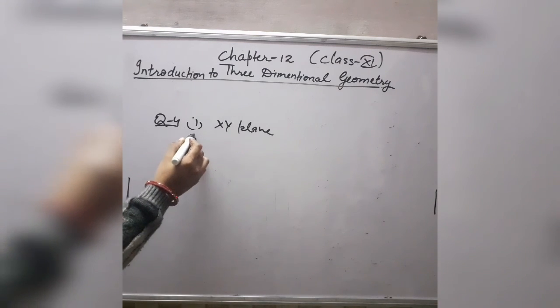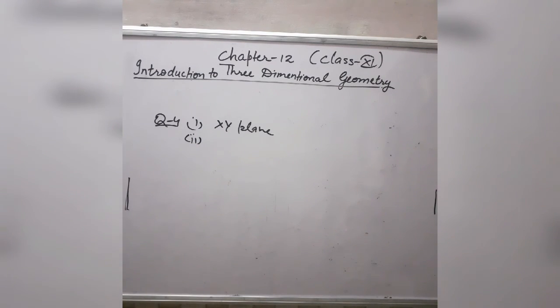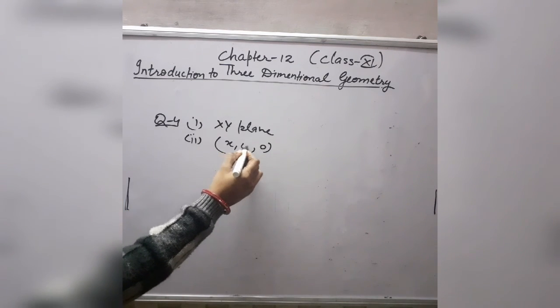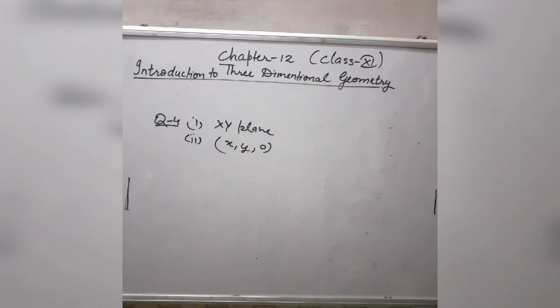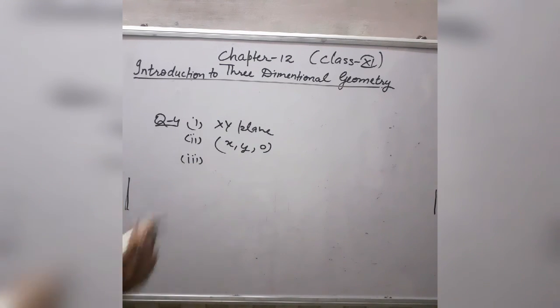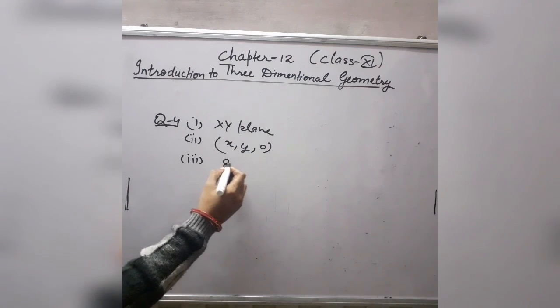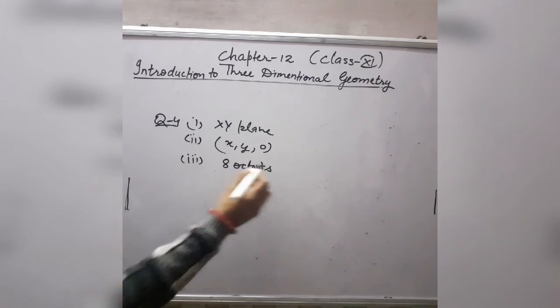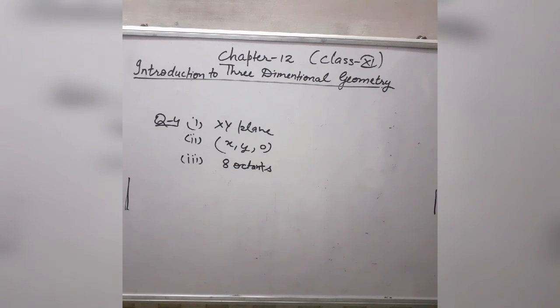Next, in the second part, the coordinates of points in the xy plane are of the form: always the value of z will be 0 in the xy plane, so the coordinates of the point will be of this form. Now the last part, third part: coordinate planes divide the space into how many parts? 8 parts, and these 8 parts are known as octants.